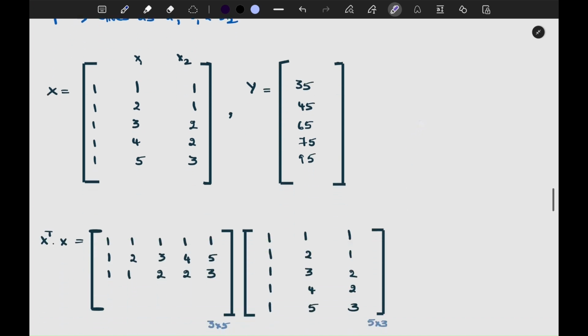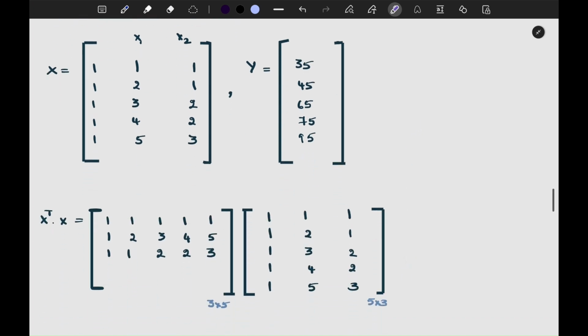After doing this, we will first calculate x transpose into x. For example, let's consider x equals a, b and c, d. If I want to write this as x transpose, I will rewrite the columns as rows.